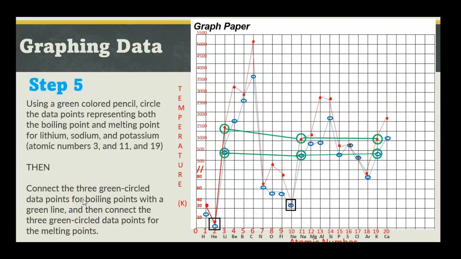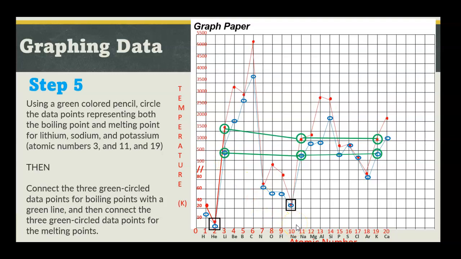Then our next step says to use a green colored pencil and circle the data points that represent the boiling and melting points for lithium, sodium, and potassium. So it asks you to first use a green to just circle, right? So we have lithium, element 3, circle, circle.